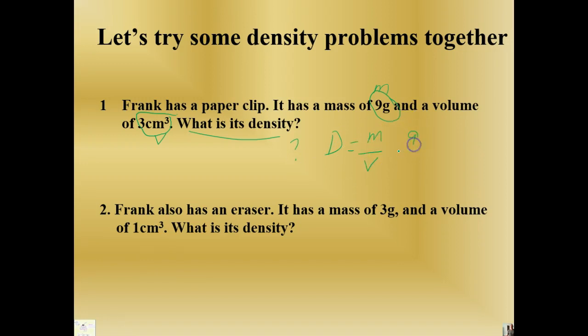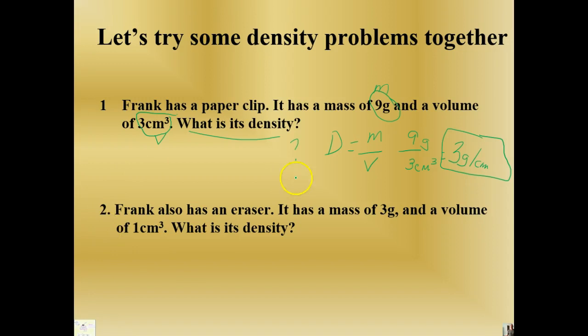We have 9 grams over 3 centimeters cubed. 9 divided by 3 is going to give us 3. Now we take these units and plug them in: grams over centimeters cubed. Then you always want to box in your answers if you're doing any math in my class. That way I know exactly what answers you have. Also, stay very organized in science with your numbers.